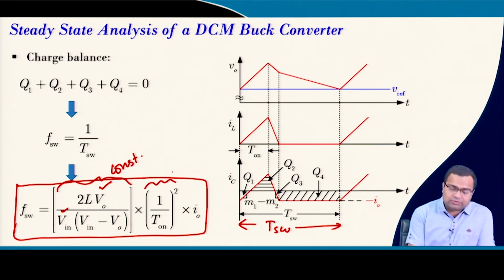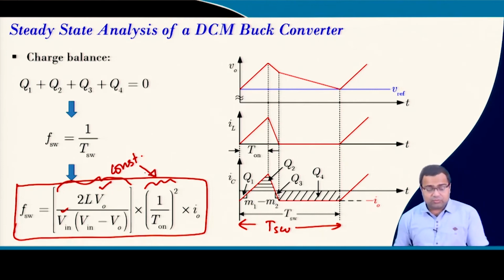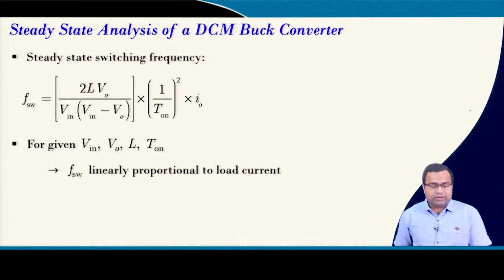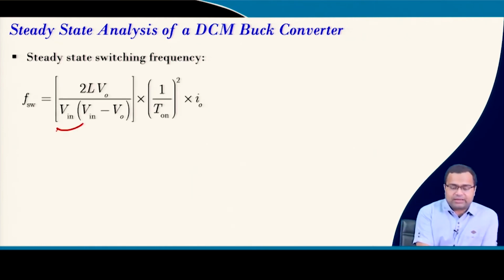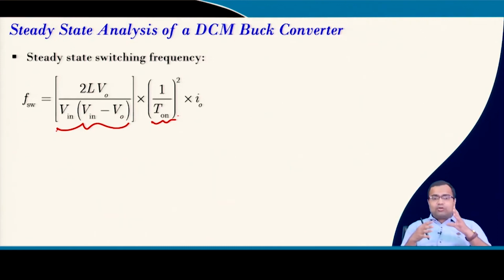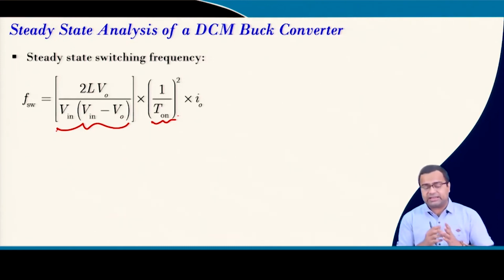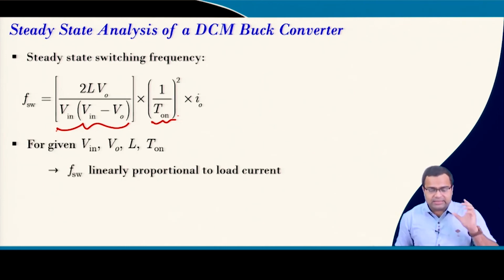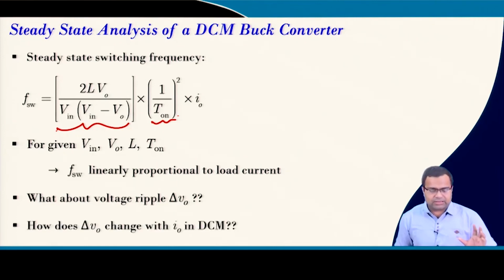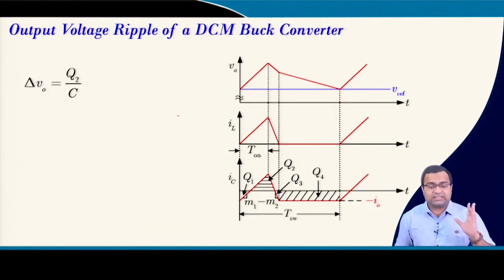This quantity is also constant if we keep the on time constant, which indicates the switching frequency is directly proportional to load current. This is very powerful for light load efficiency improvement, and we have a session dedicated to this. I will discuss more about discontinuous conduction mode later, but today I am just going to touch upon how the output voltage ripple changes.